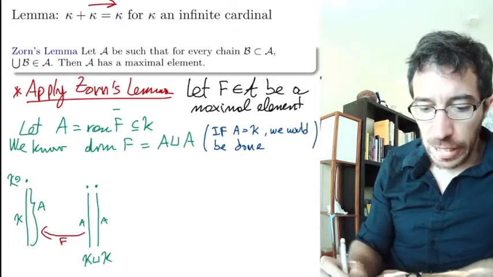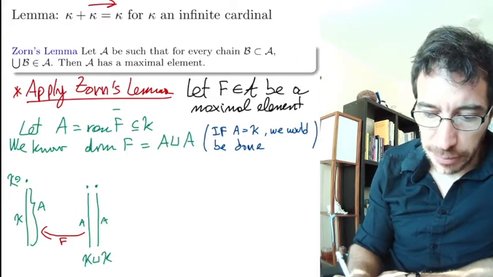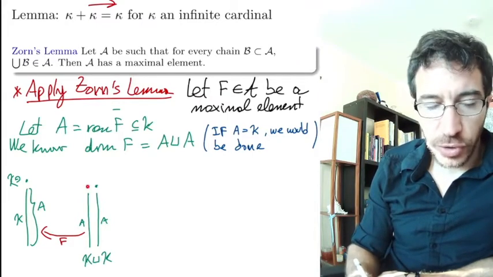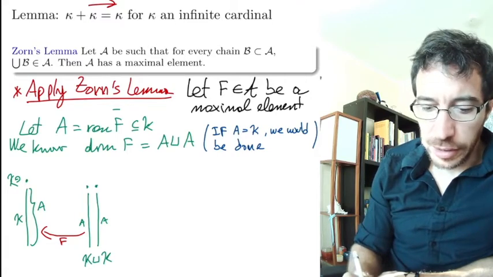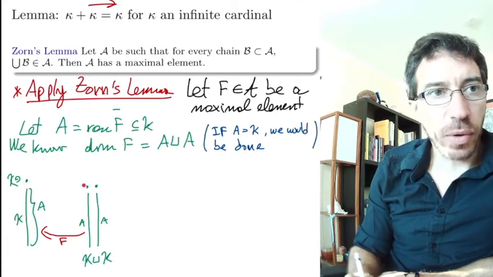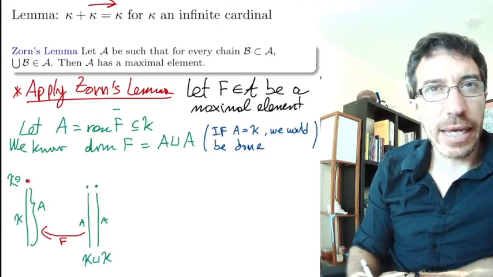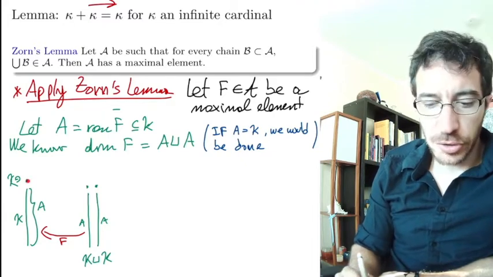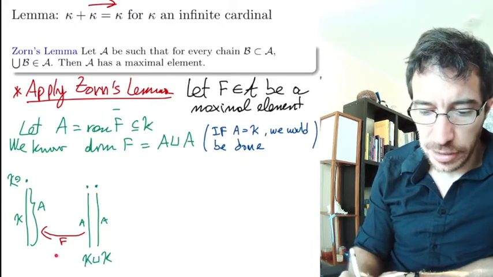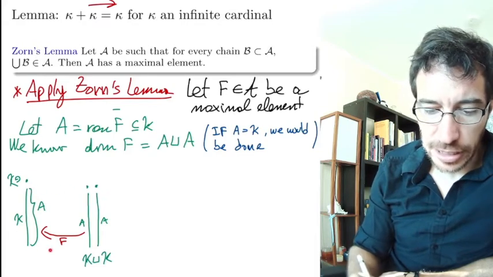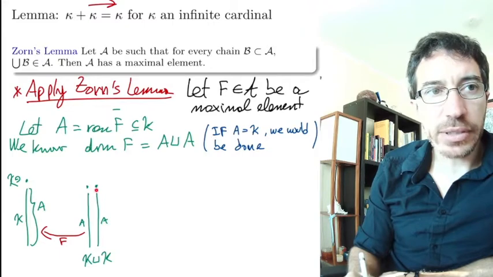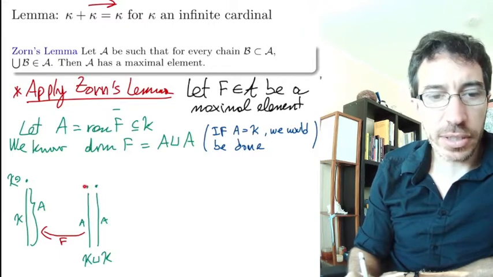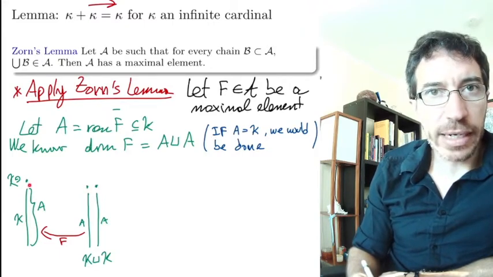We can add one more, we can map one of these guys to this one, but we couldn't map the two of them in a one-to-one way to this single element, right? So if you want to extend this function, keeping this fixed, just adding new things, we cannot increase A, because if we increase A, we have to add two elements on this side, but we'll only add one element on this side.